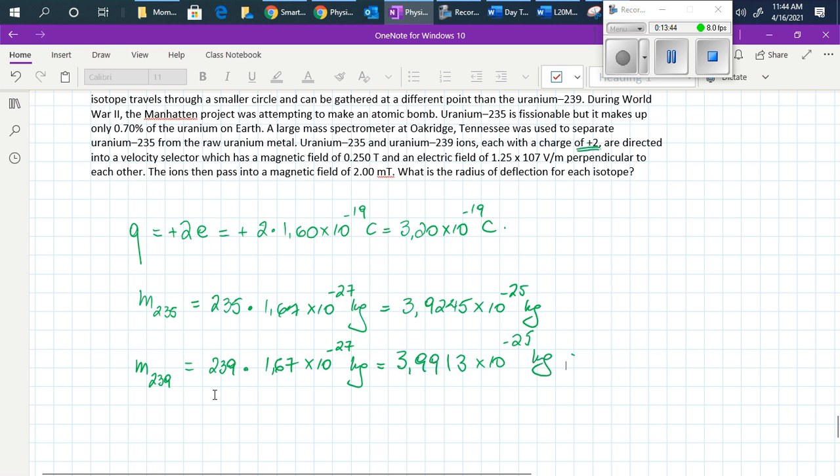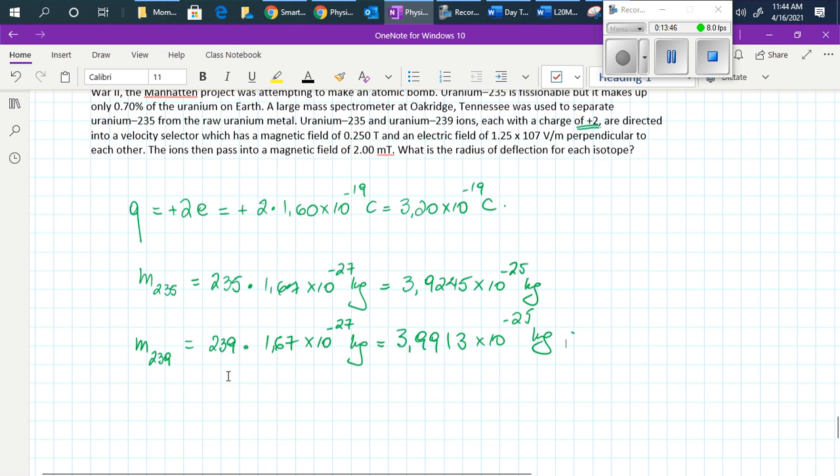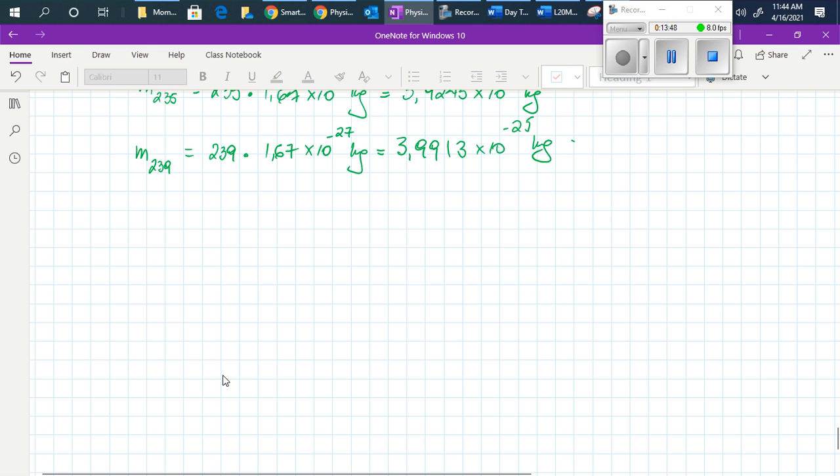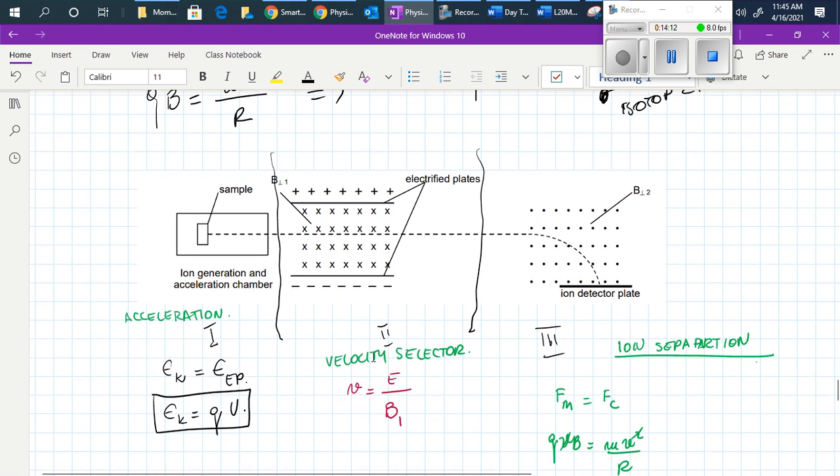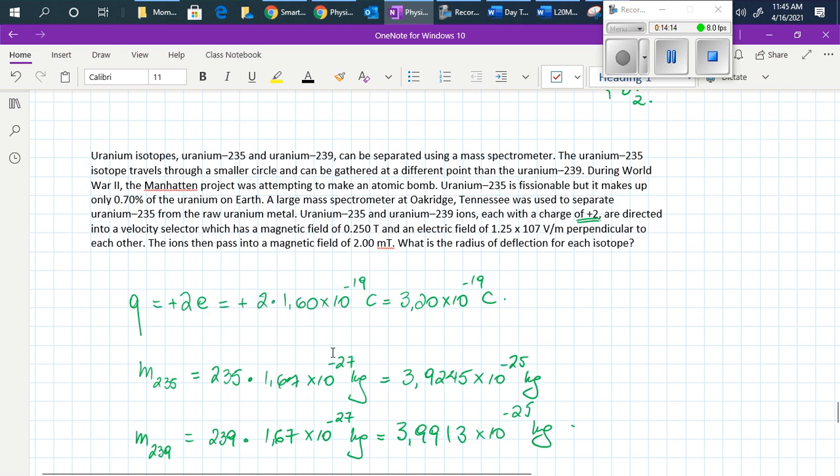Now, on the velocity selector, what is happening is that electric force is equal to magnetic force, or EQ is equal to QvB, and this is v1, okay? Because refer to this picture here, v1.